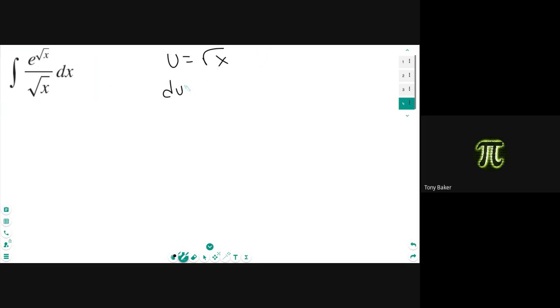So du is 1 over 2 square root of X dx. Correct? So if we bring everything over, I have 2 square root of X du equals dx.